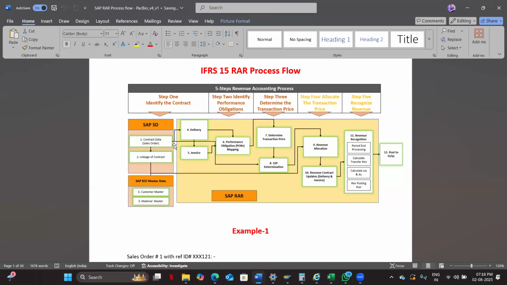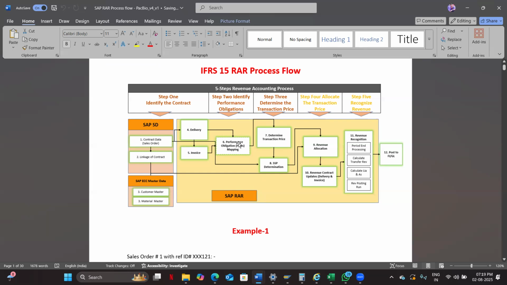Then it goes to the POB, then determines the transaction price, and we get the amount related data. Yes, exactly. After that delivery, they generate the POB.